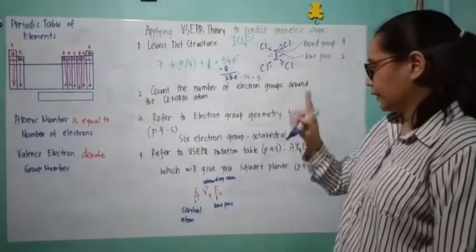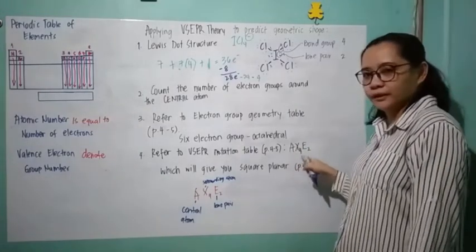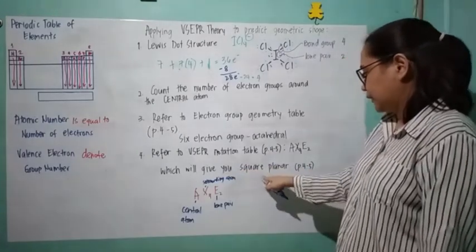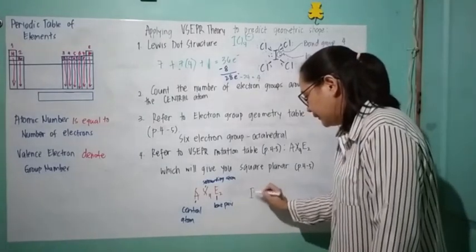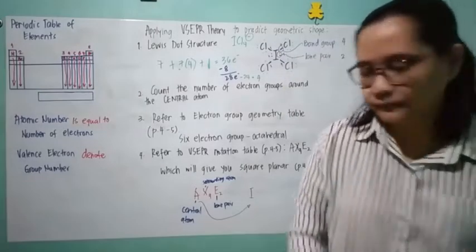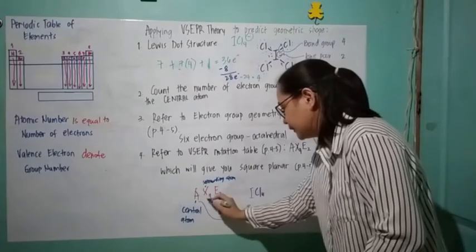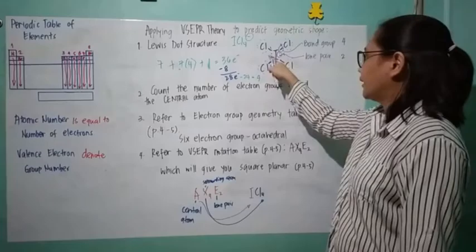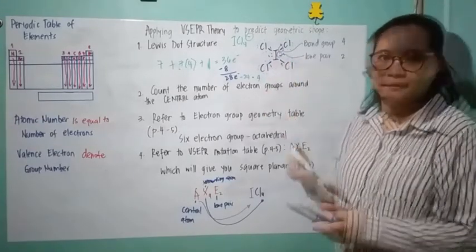In the VSEPR notation table, a notation of AX4E2 will give you a square planar. A is the I, Cl4 is the X, and E is the lone pair in the Lewis dot structure.